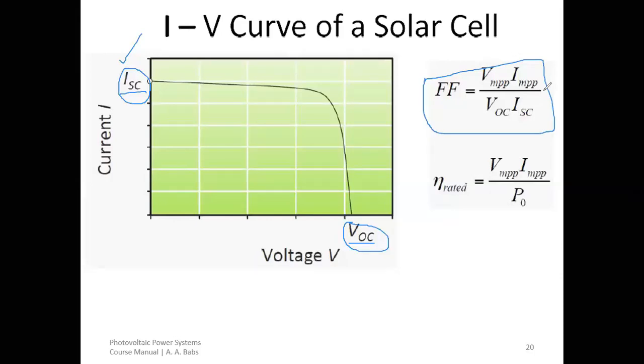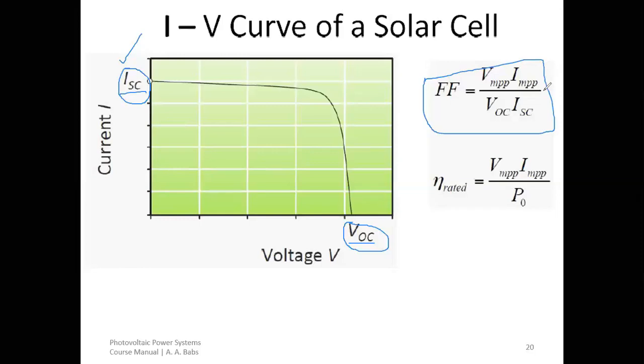So it is the highest voltage possible, that is VMPP. IMPP is the maximum current possible, all right? So multiplying both together gives you the maximum power point. Understand? When you hear the term MPP, it means maximum power point.